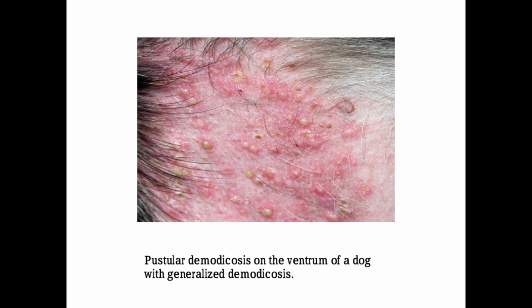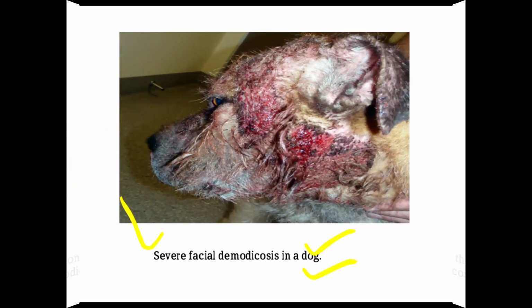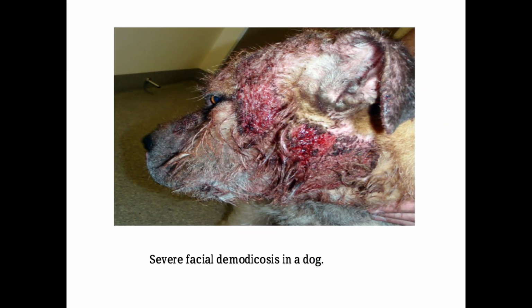Let's have a look at photographs of the clinical conditions developed in demodicosis. Here in the picture you can see pustular demodicosis on the ventrum, or belly, of a dog with generalized demodicosis. Generalized demodicosis means that the whole surface of the body shows alopecia and papules or pustules, and there may be scabies as well. Severe facial demodicosis in a dog.